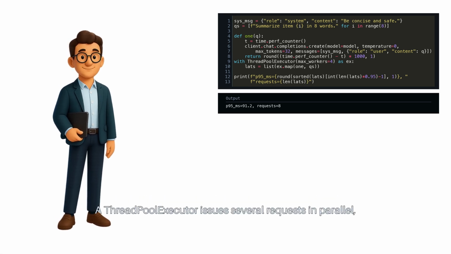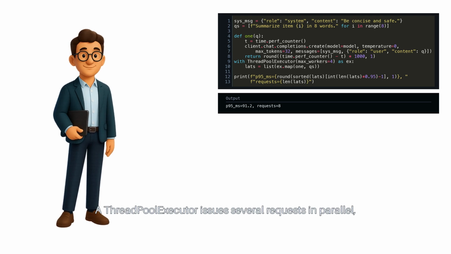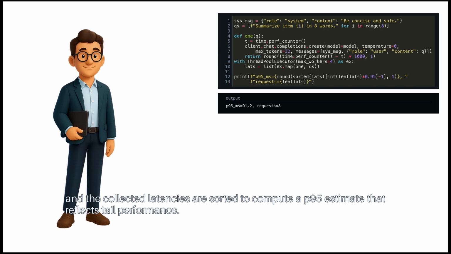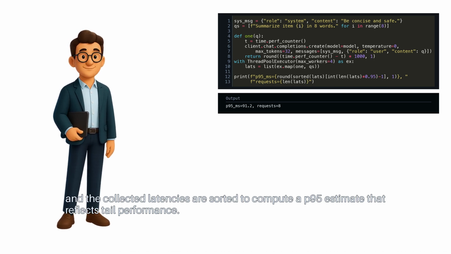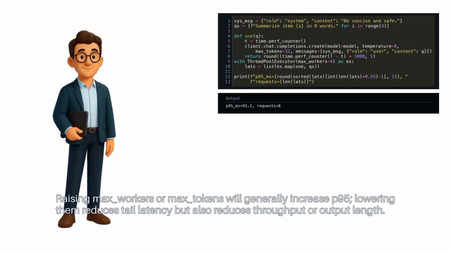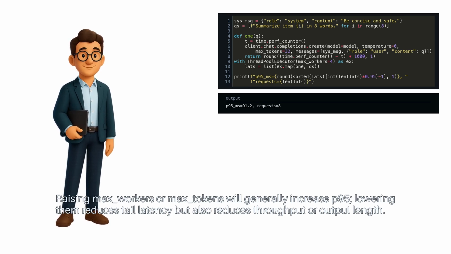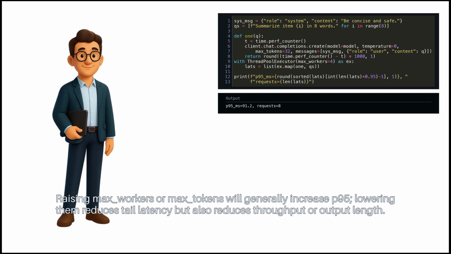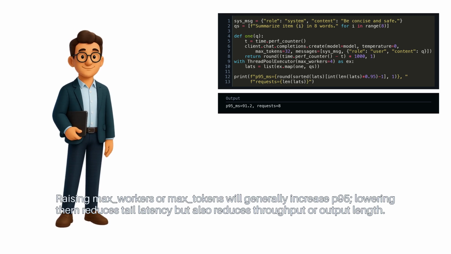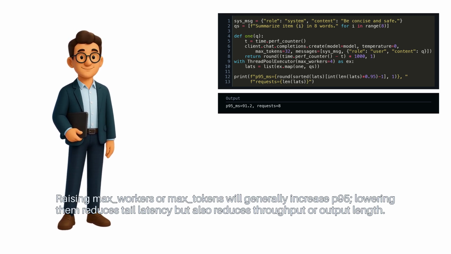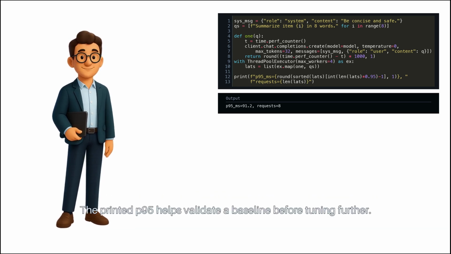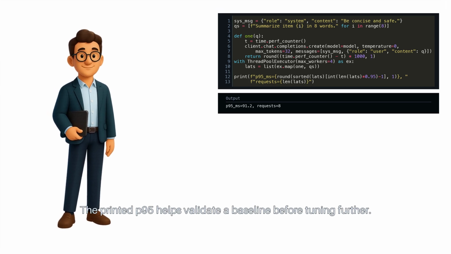A ThreadPoolExecutor issues several requests in parallel, and the collected latencies are sorted to compute a P95 estimate that reflects tail performance. Raising max workers or max tokens will generally increase P95. Lowering them reduces tail latency, but also reduces throughput or output length. The printed P95 helps validate a baseline before tuning further.